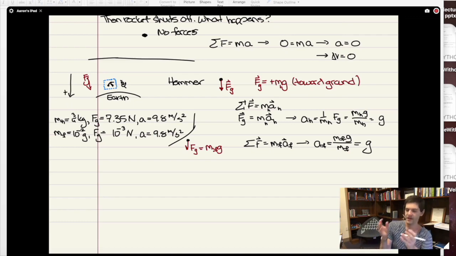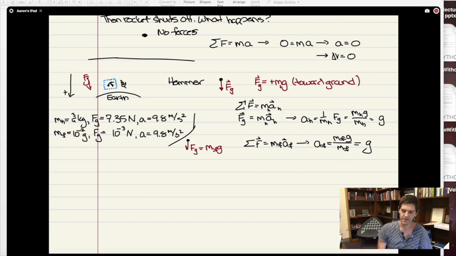So even though they have very different masses, and as a result experience very different gravitational forces, I guess it's 4 orders of magnitude, really, between the force of gravity on the hammer and the force of gravity on the feather.